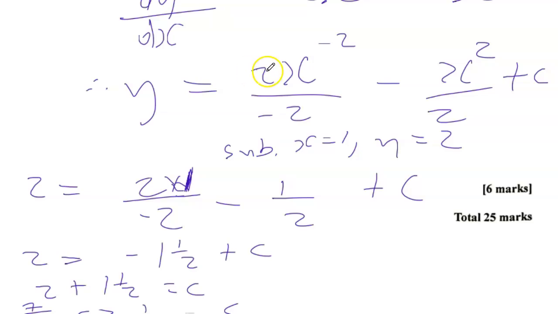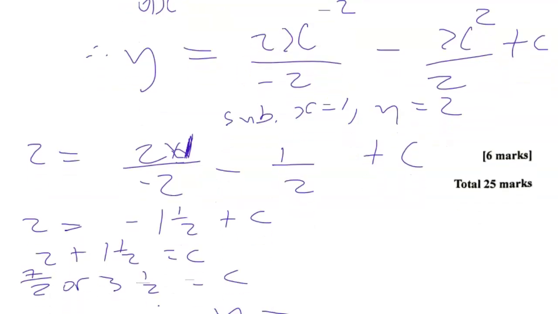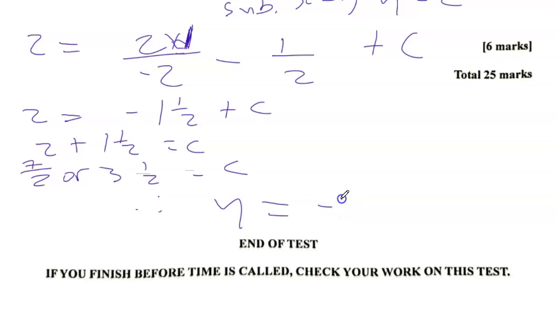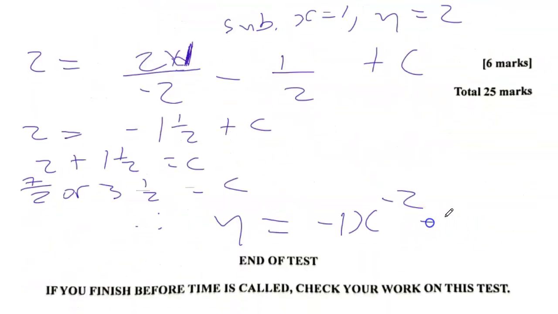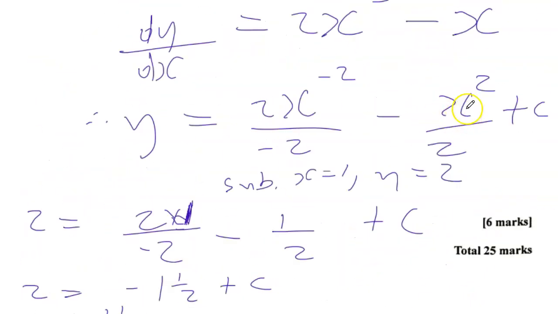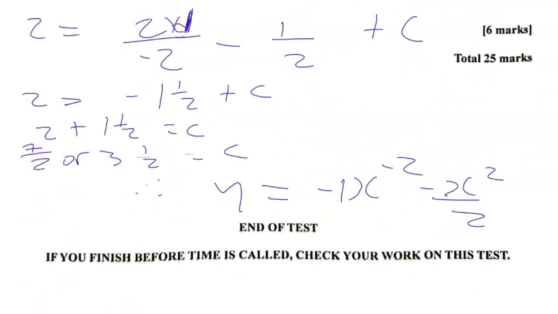So it's negative 1 times x to the power negative 2, minus x squared over 2, plus c, and we just found c to be 3.5, 7 over 2.